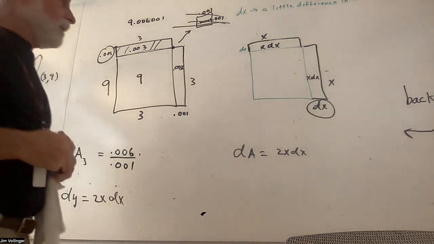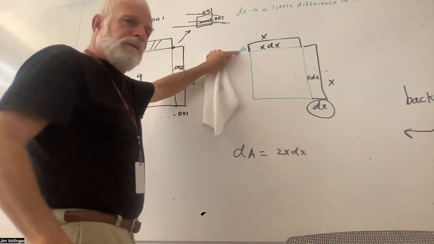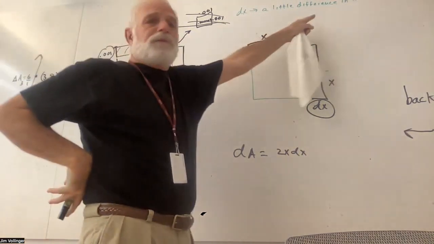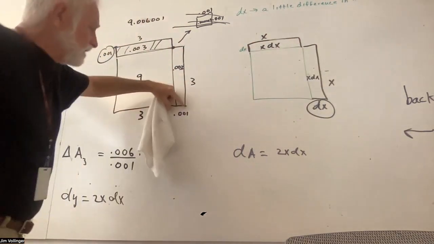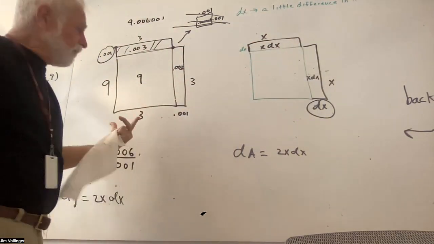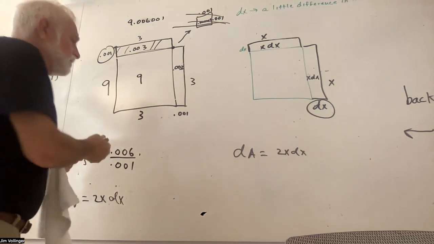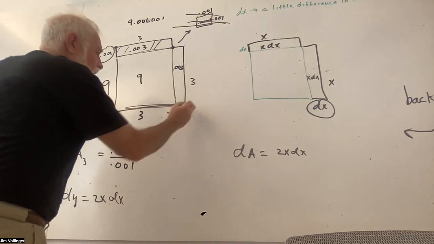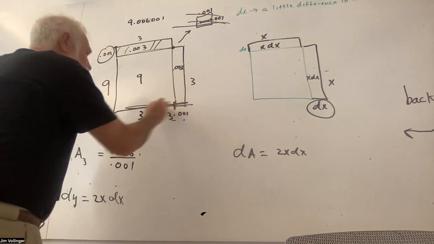But on a conceptual basis, we have this symbol dx, and you'll see it later in your careers. You can think of it as just a little difference in x. I don't think that's hard to see. 0.001, it's just a little difference, that this is now a length of 3.001, where it used to be a length of 3.